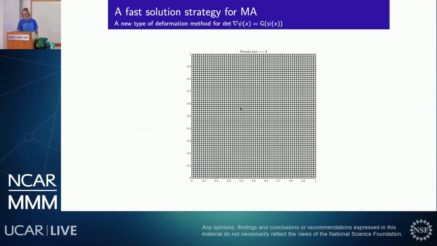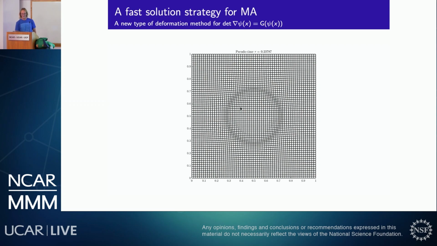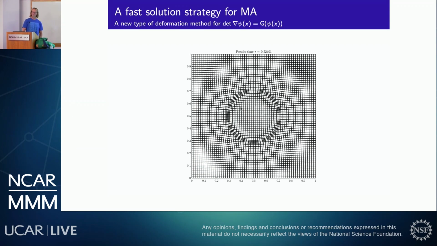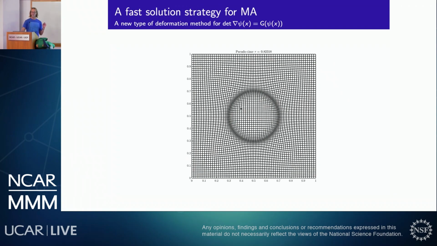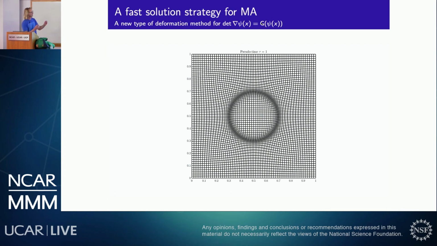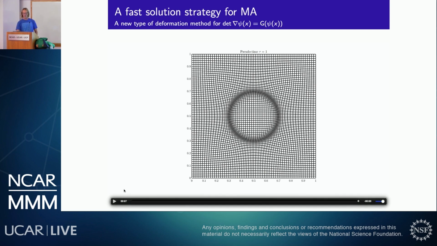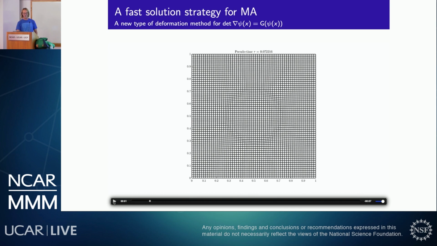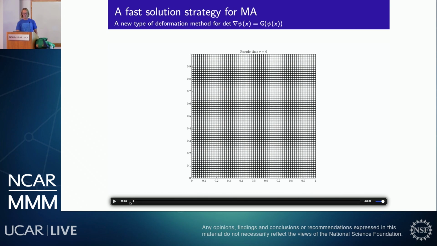So here's an example. The function g you gave me said, cluster all your points around a circle of, I don't know, radius, whatever, 0.4, 0.2. And what I've shown you here is the evolution in pseudo time. So it starts out without any deformation.